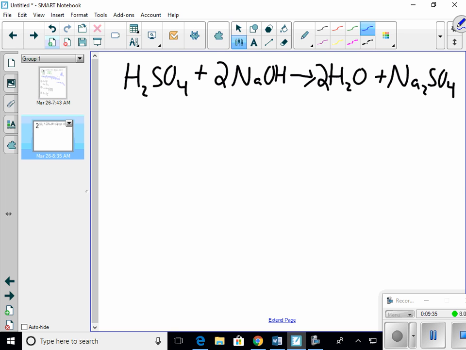Again, for organization purposes, I'm going to write down what I start with. I have an NaOH solution that's 1.209, and it took 42.27 mL. I have an H2SO4 solution where I want to find the molarity.